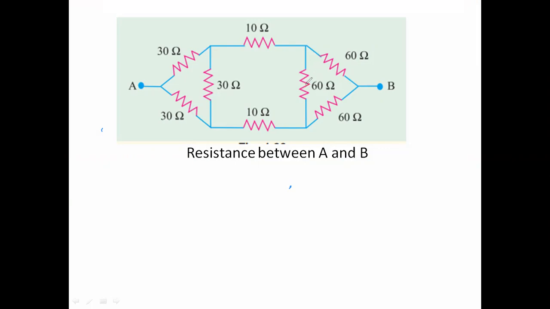So it is difficult to find, because these are delta formations. In delta it is difficult. So in such a situation, we have to convert the delta into the star.